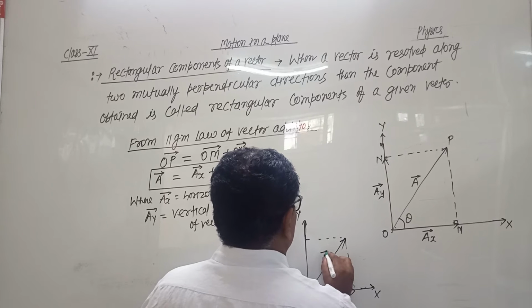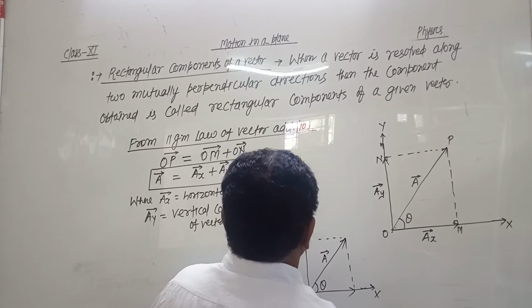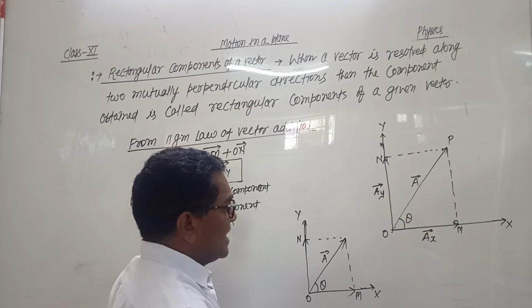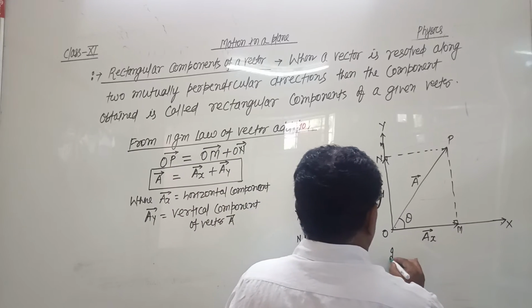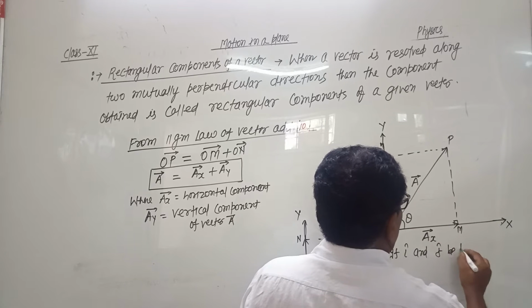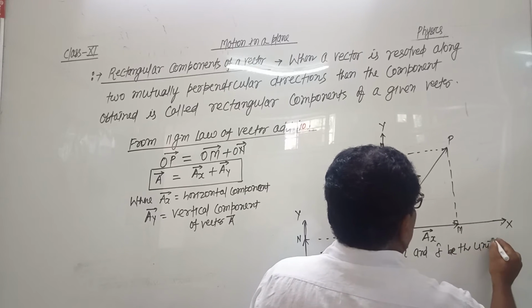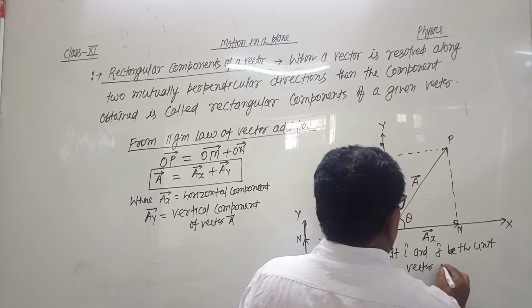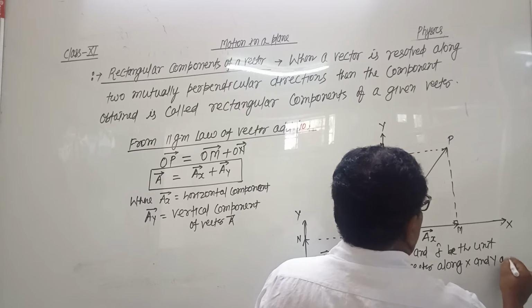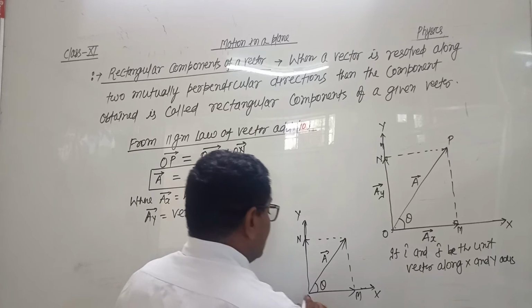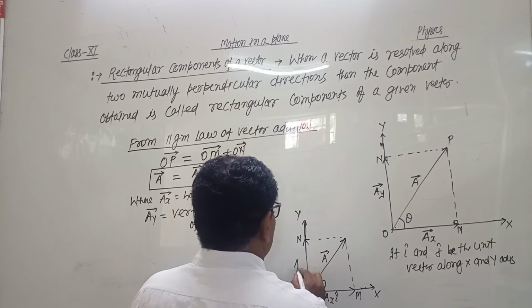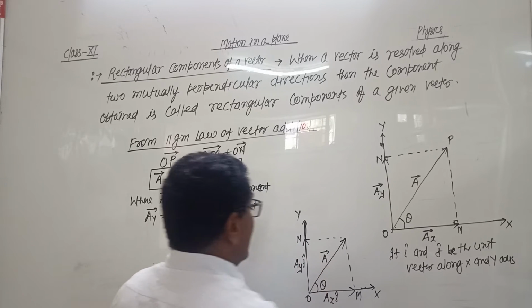This was vector A, the angle was theta, this is M and this is N. Then the horizontal component is written as AX i cap, and the vertical component is given by AY j cap.